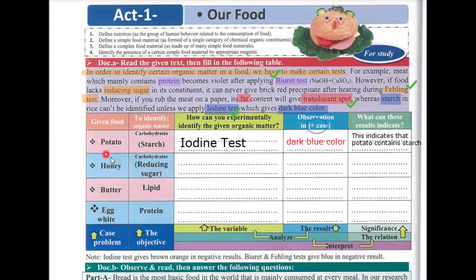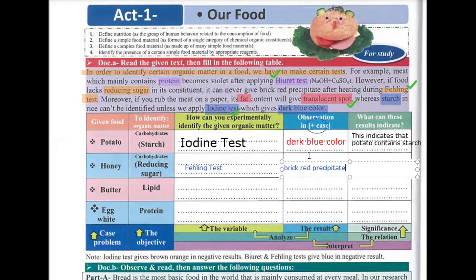Let's move to the second one. Honey. Honey has reducing sugar in it. Which test do we use for reducing sugar? It's the Fehling test. And in case there is reducing sugar, it will give a brick red precipitate.